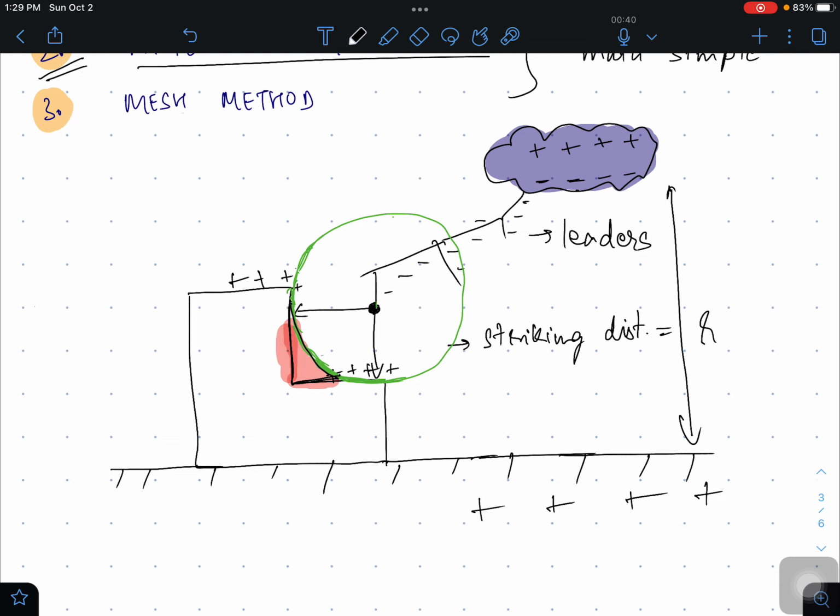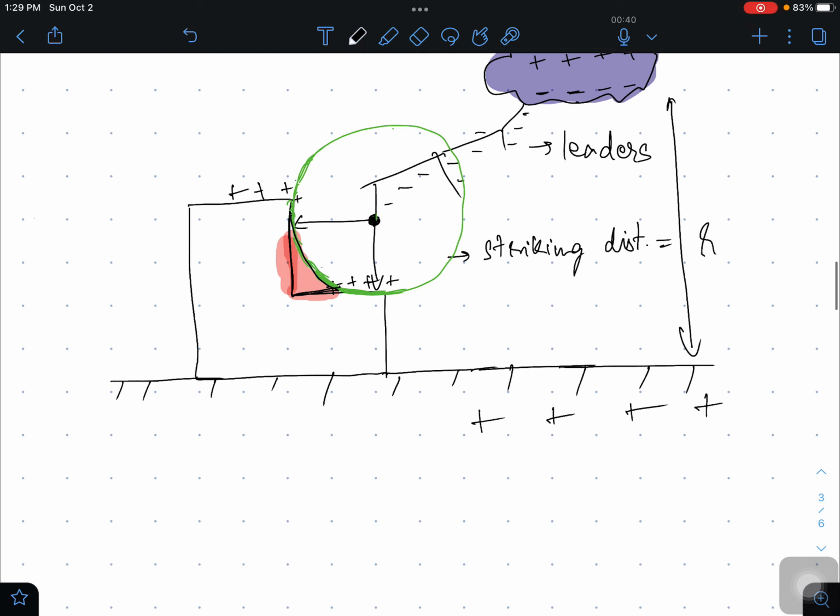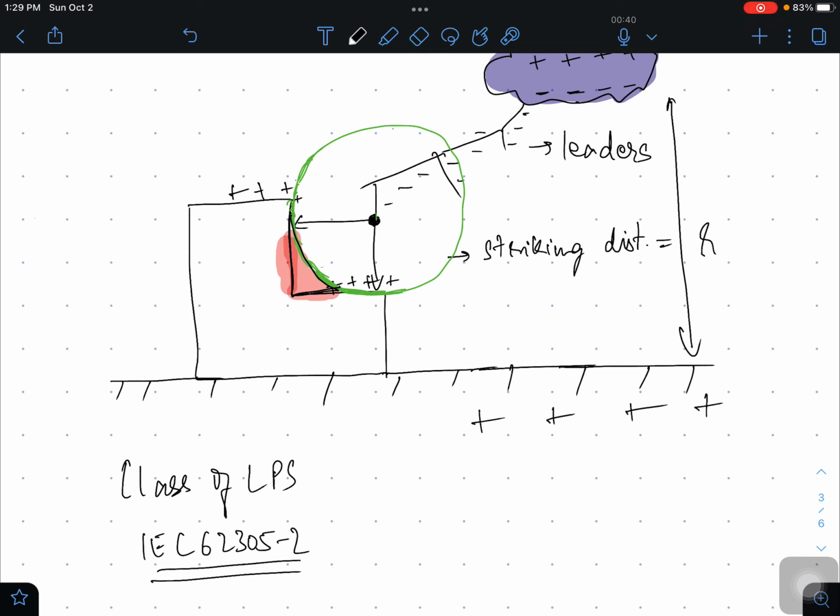Now, this radius is determined by the class of protection, which is basically the class of LPS, and this is governed by a standard, IEC 62305-2, based on the risk assessment. So we perform some risk assessment study based on the amount of lightning strikes happening in the year, the keraunic level and everything, and then we find that there is class 1, class 2, class 3 and class 4.